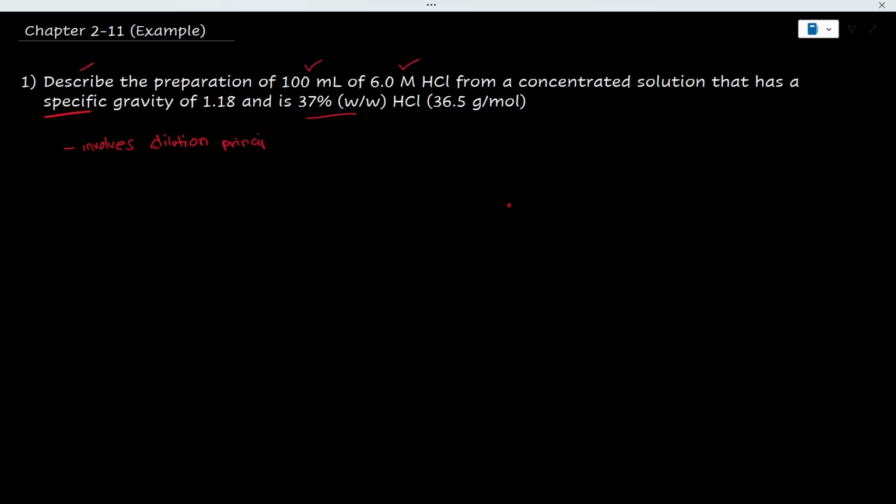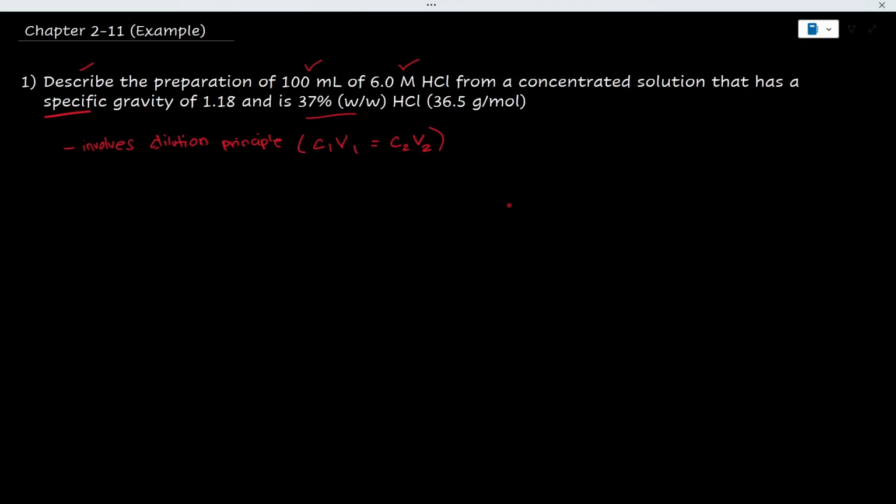If you remember the dilution principle, that is just concentration 1 times volume 1 equals concentration 2 times volume 2, C1 V1 equals C2 V2, which we will discuss later. But this is a basic principle when solving concentration.